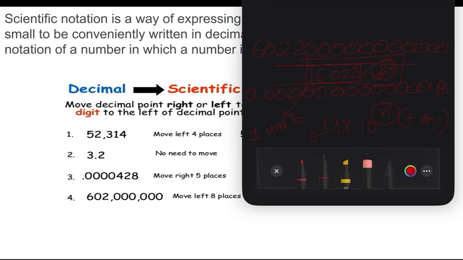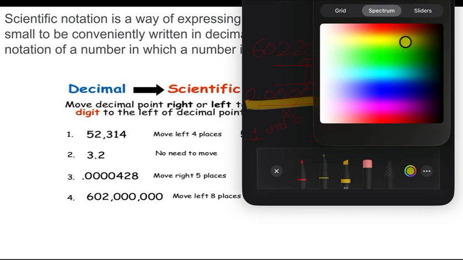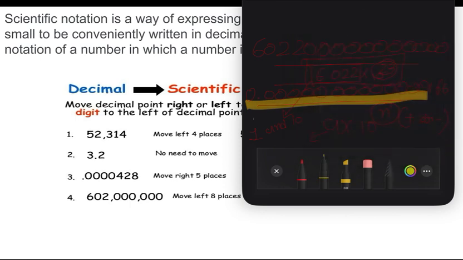Example for a small number. Now let us take a small number. This is our small number, right? Here we can write 1.66 into 10 raised to minus 24, right?